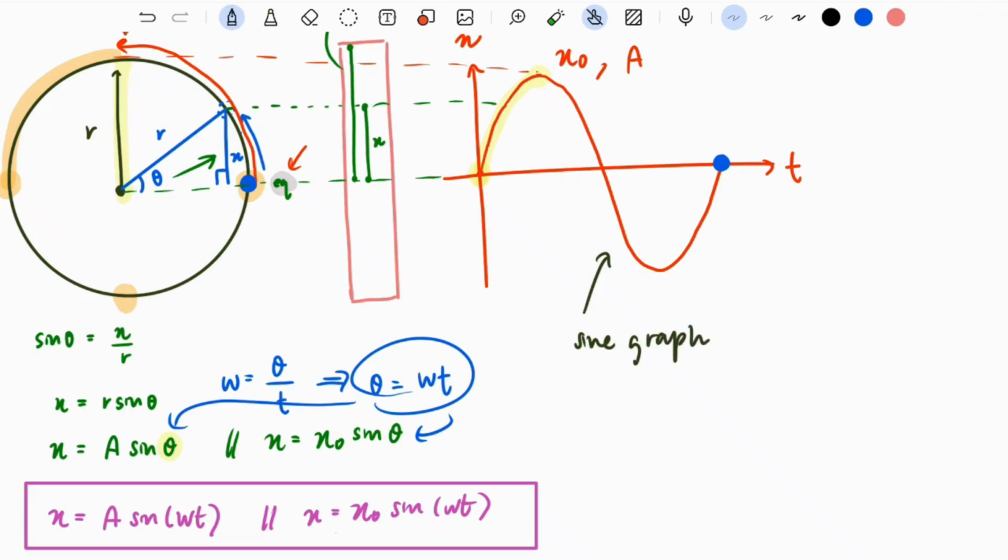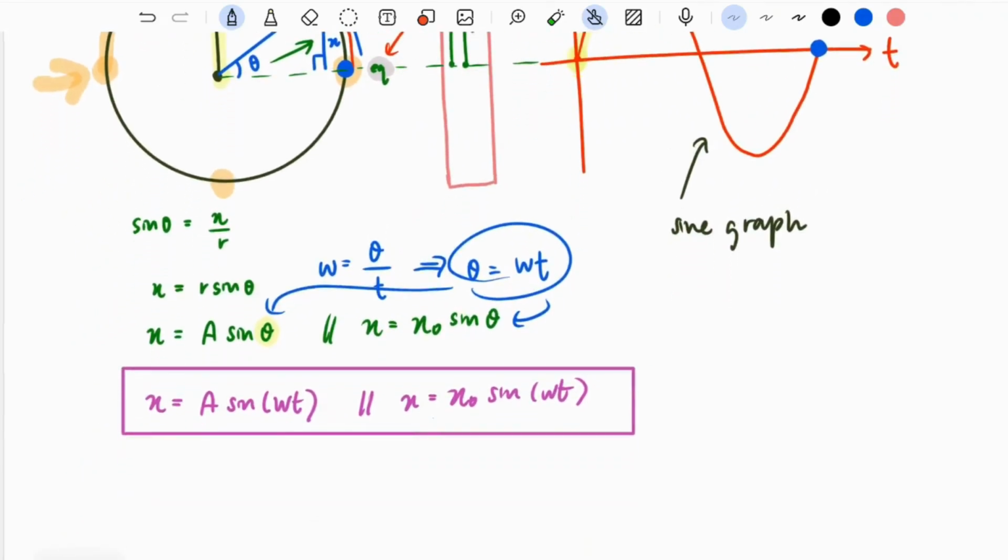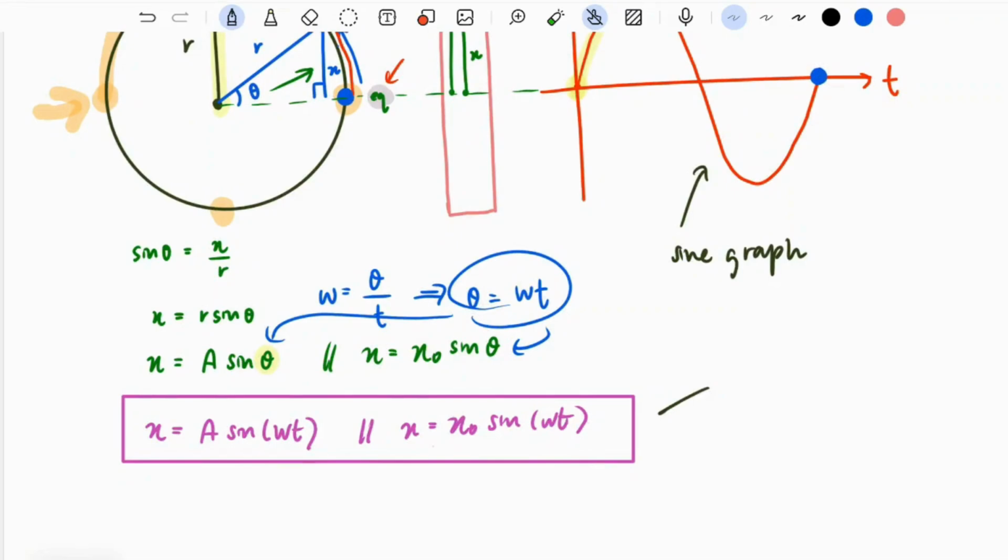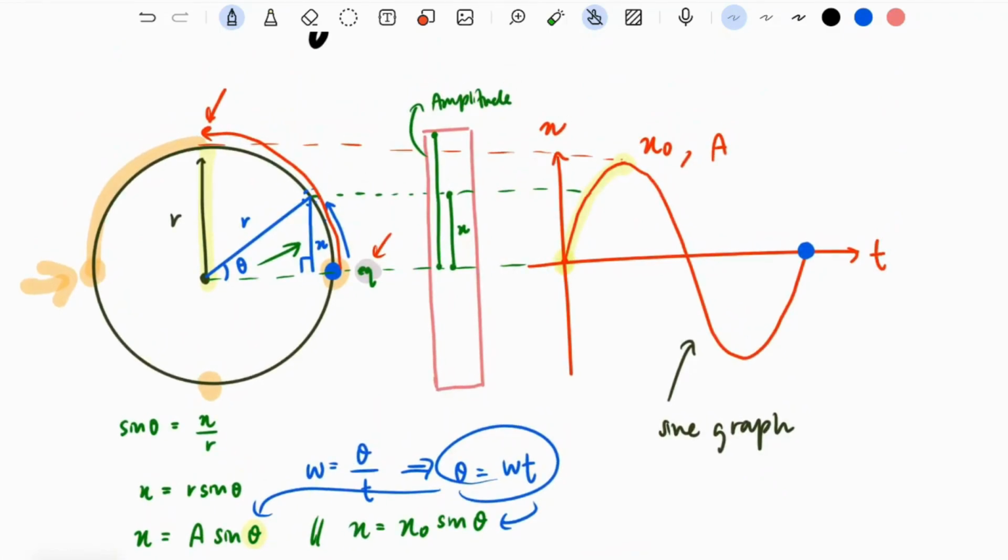And it is consistent with the equation that we just derived. It has a sine function as well. So usually the graph and your equation will be related. If you have a sine graph, most likely your equation in x will be a sine function equation.